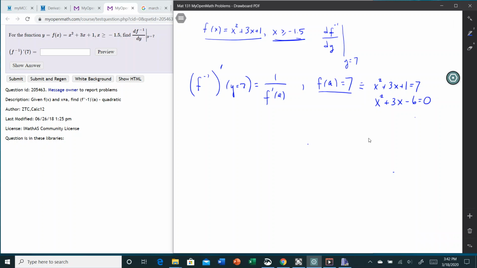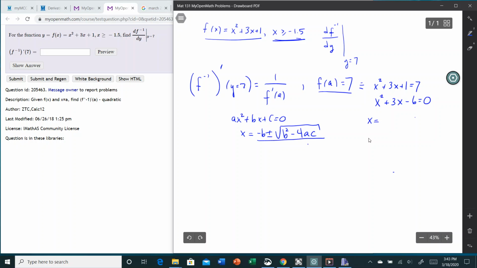And then, is this factorable? I don't think so. So using the quadratic formula, ax squared plus bx plus c equal to 0 has solutions x equal to minus b plus or minus the square root of b squared minus 4ac, all over 2a.